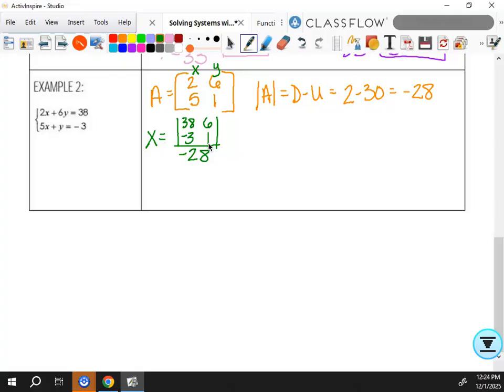Okay. Do you agree with what I wrote in the numerator? And understand where the numbers come from. You replace the x column with the coefficient column, leave the y column.